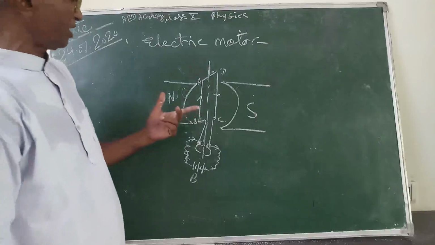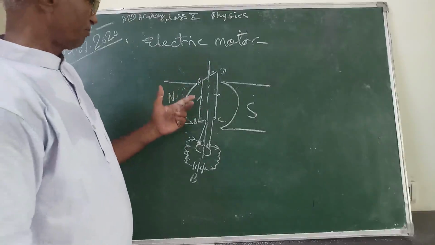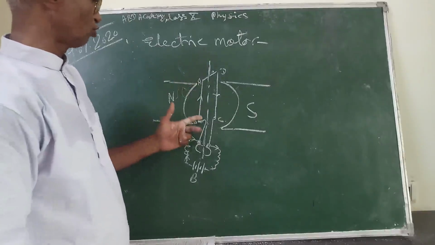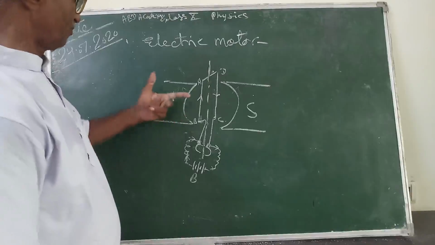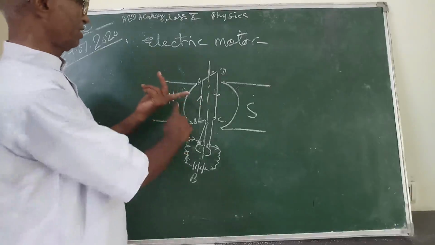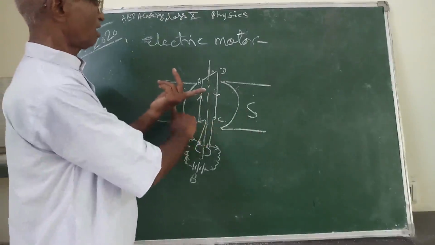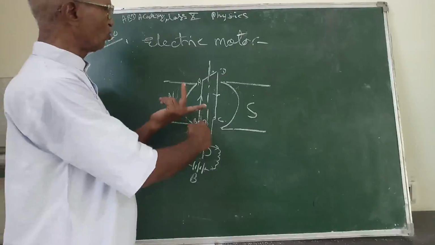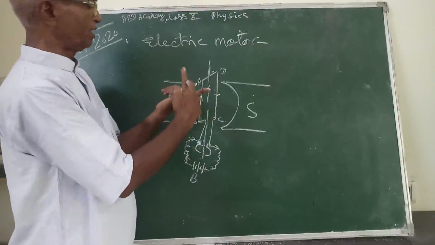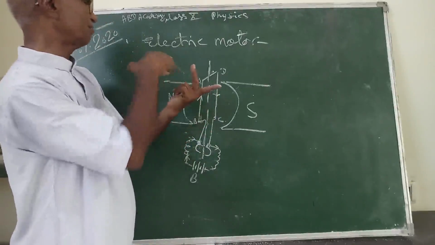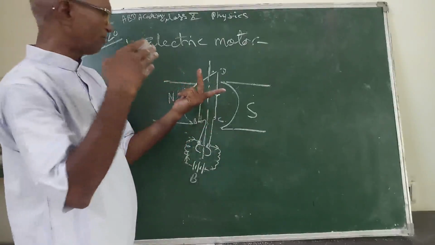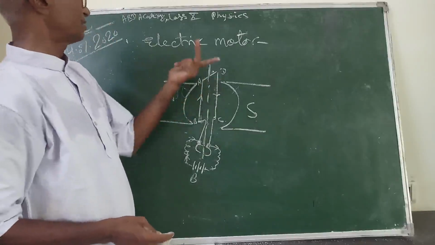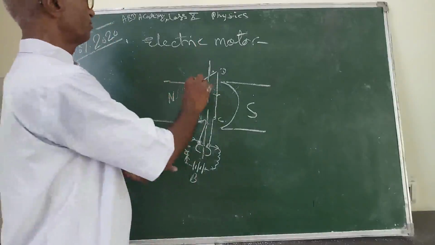Now let us apply Fleming's left hand rule, which will give the direction of motion of this coil, which is free to rotate. Here the field is represented by the north and south poles. Current is from B to A by the middle finger, then the thumb points to the back of the blackboard, so AB goes to that side of the board.